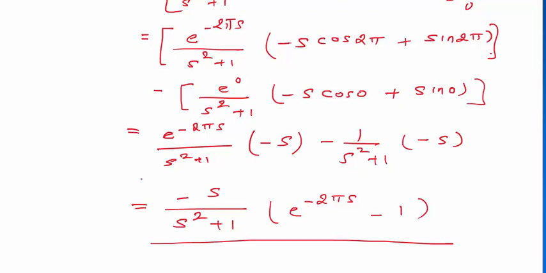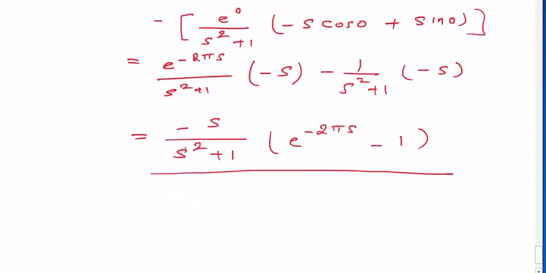I will move this minus sign inside the bracket, and the result will be s upon s square plus 1, and this minus will become plus e power minus 2 pi s. Both are right, whatever answer you want to keep.